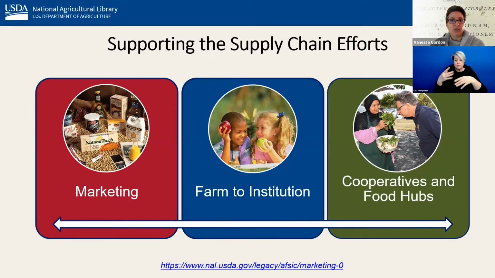We have access to AMS's Food Hub directory, and also documentation that's designed to support your operations and research on food hubs or co-ops that you may be conducting. So some of the information will take you out to the rural development co-op programs, food hubs, and value-based food chains, and again, the tutorials.